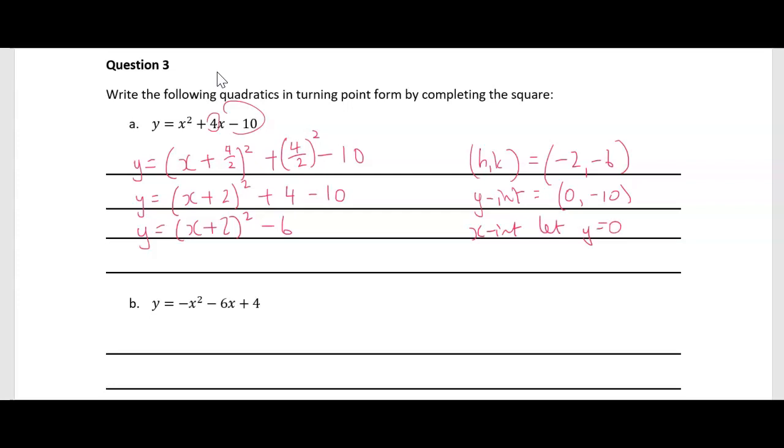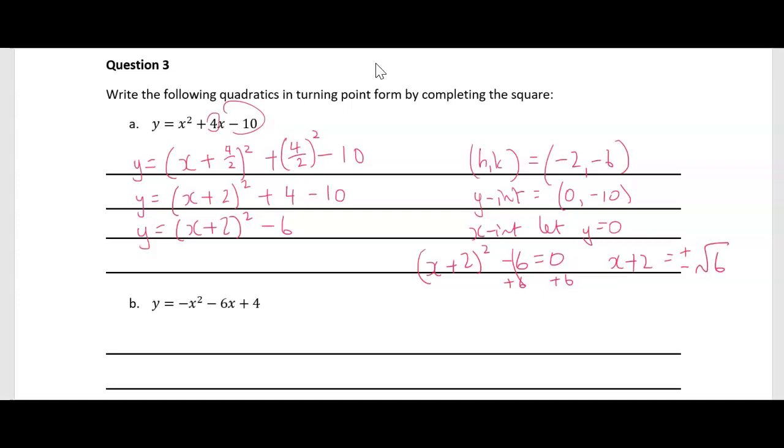So we're going to have x plus 2 squared minus 6 equals 0. Add 6 to both sides. All right, so it's going to be plus or minus the square root of 6.